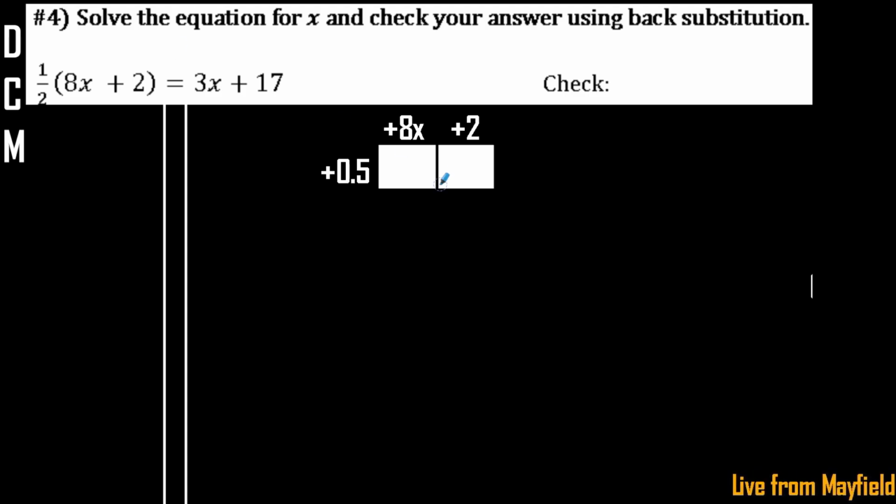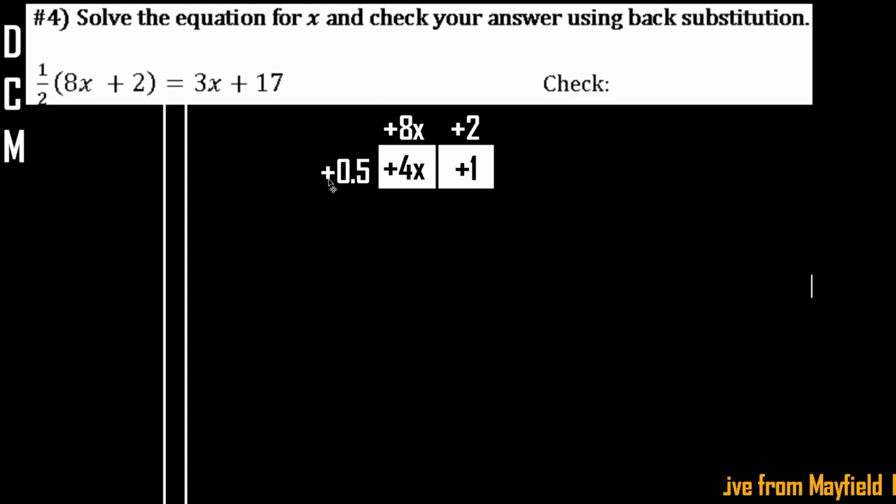So I multiply these two together. So I do 0.5 and 8x multiplied together is 4x. And then I do 0.5 and 2 multiplied together is 1.